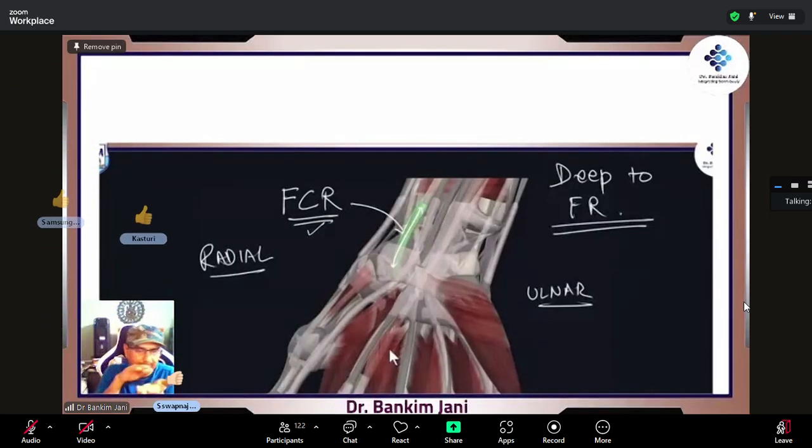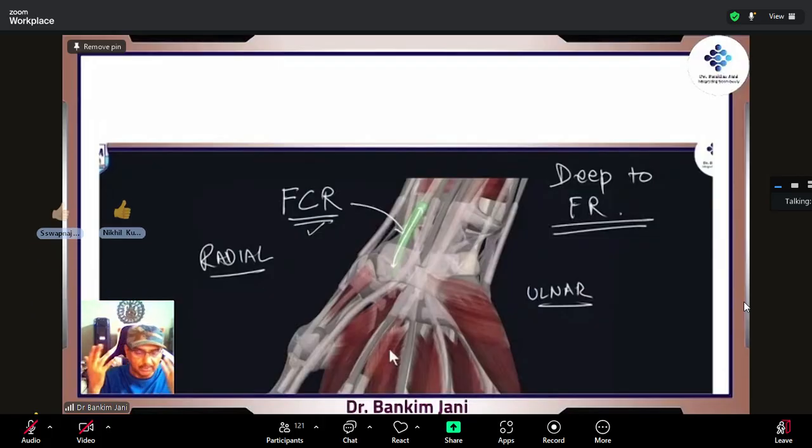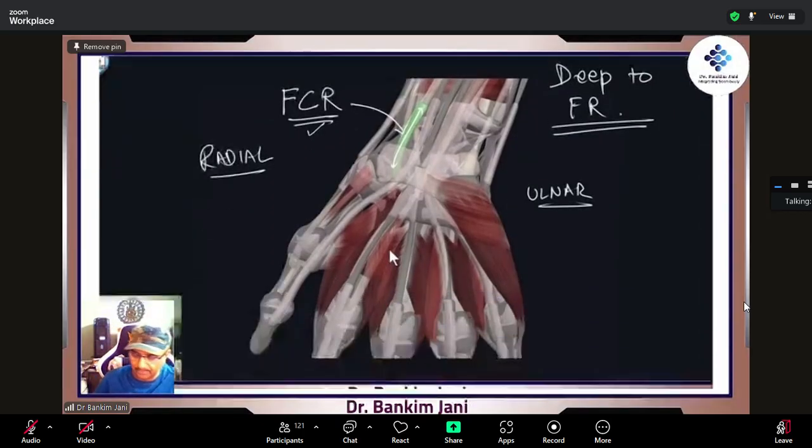So they are landing on carpal bones. Above their roof, that flexor retinaculum is there. So obviously they are underneath it. The umbrella is up, flexor retinaculum, and they will be landing on bones. So it is obvious that flexor carpi radialis will be the next one, which will be deep to flexor retinaculum.